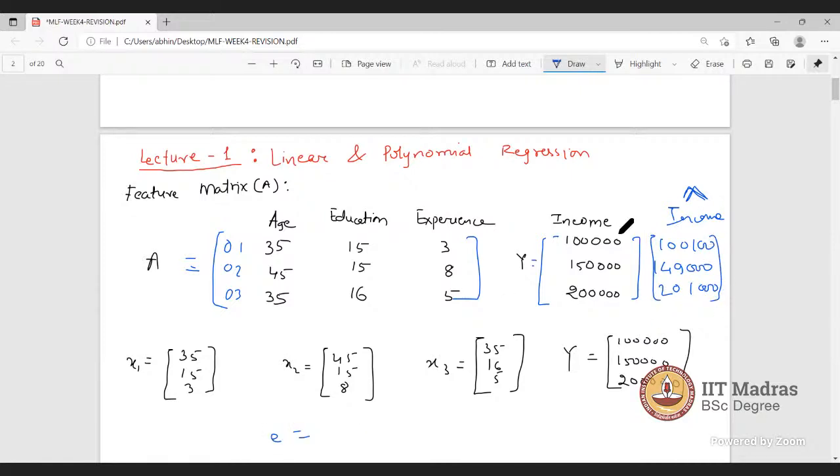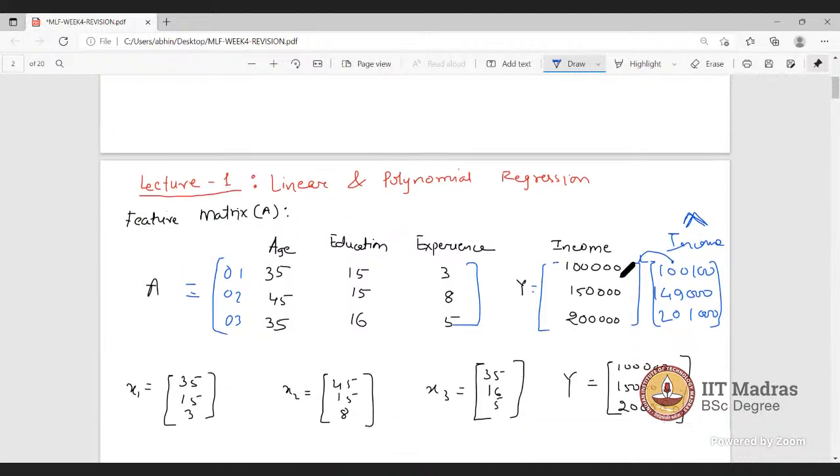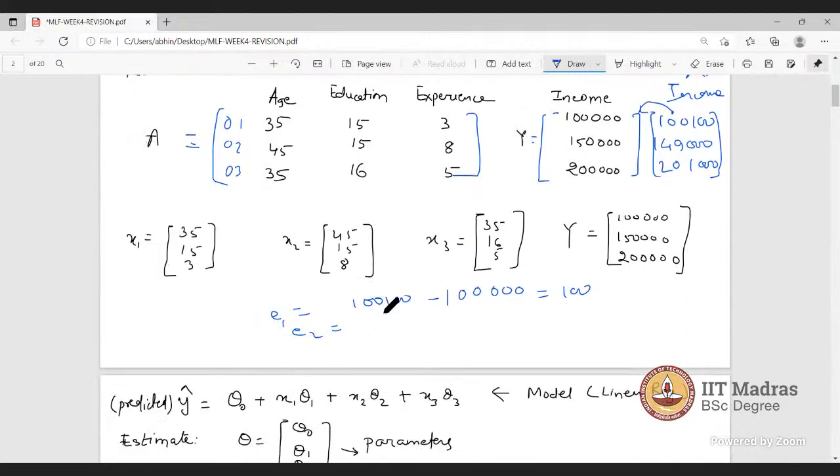Error will be nothing but the subtraction. The first error E1 will be 100, the second E2 will be 1000, and E3 will be 10,000.